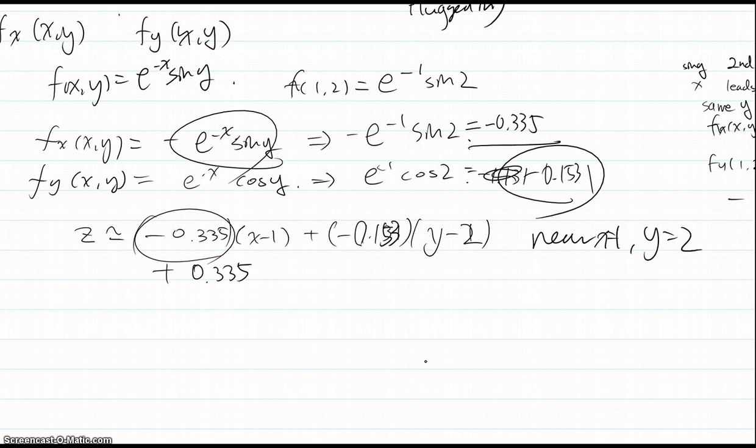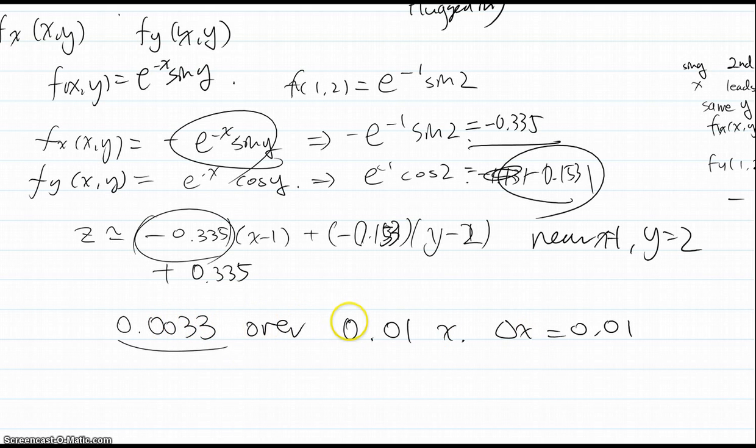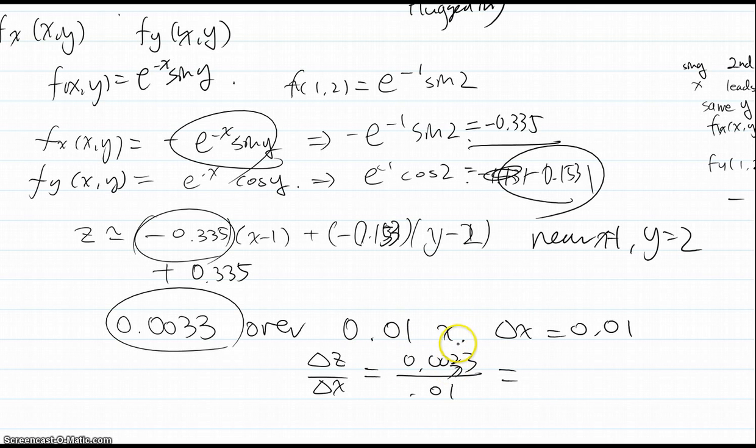Now I'm gonna use the table. The second table gives the value of 0.0033 over a change of 0.01 in x. So delta x was 0.01. Therefore delta z over delta x would be 0.0033 over 0.01, which equals 0.33.